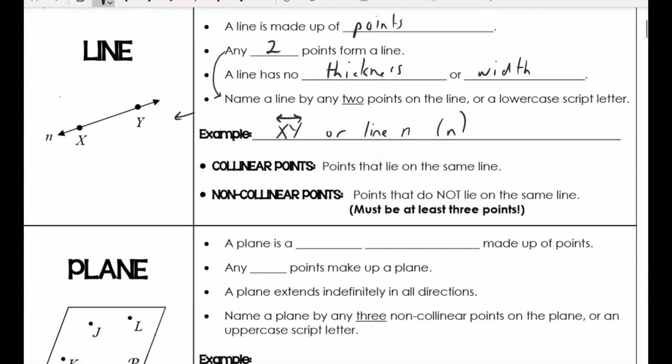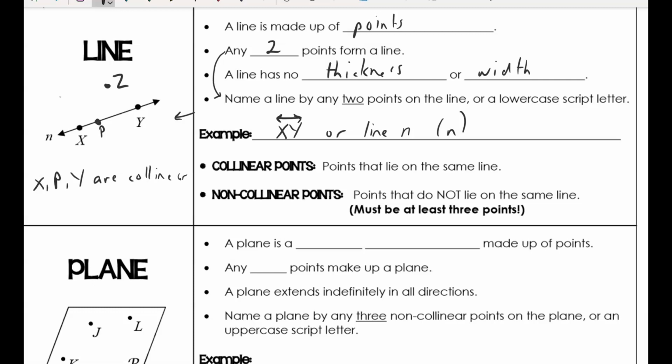Okay, just a little review of what collinear and non-collinear points are. If we had another point here, let's call that P, and another point over here, let's call that Z, then I could say that X, P, and Y, which are all uppercase, so don't make them look small, are collinear because they're on the same line.